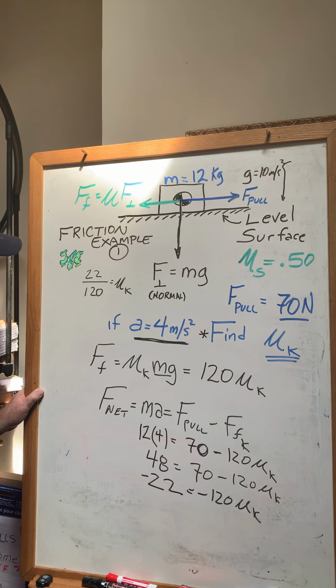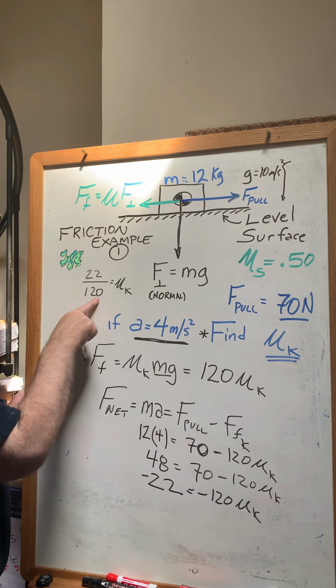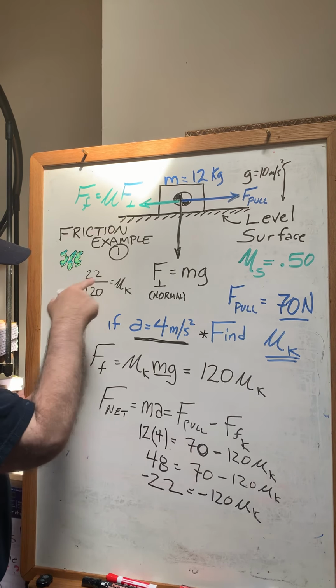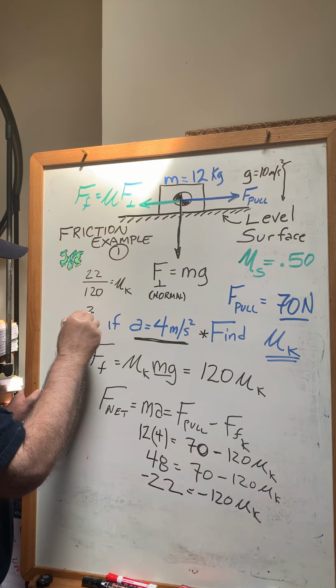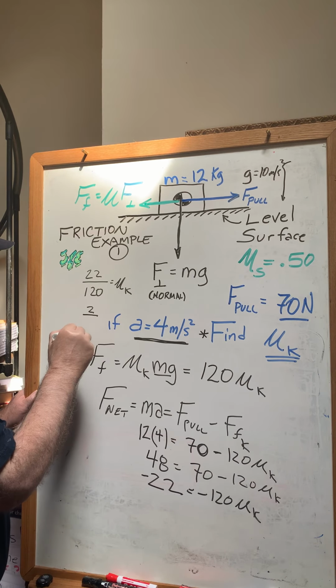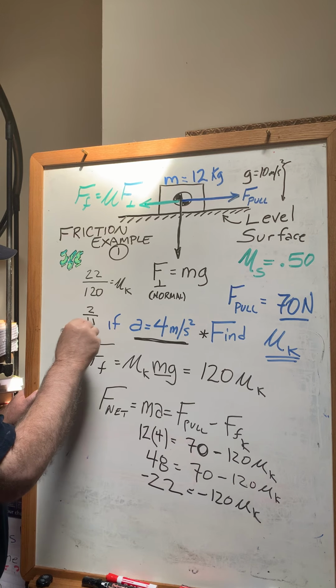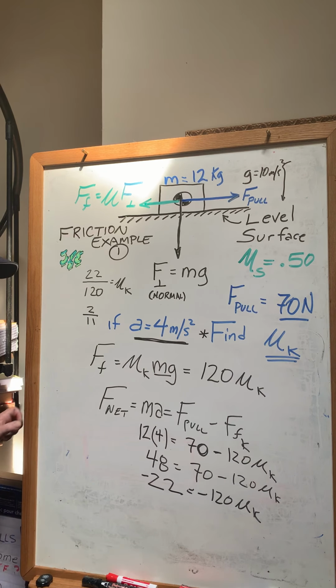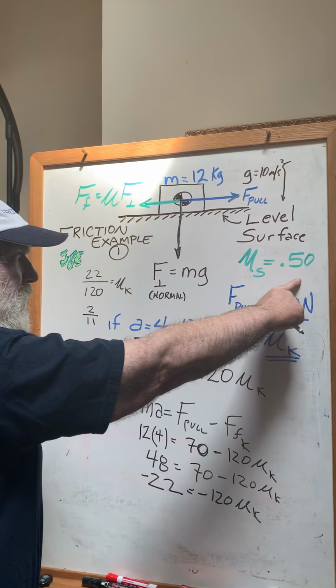And can we simplify that at all? Well, this is about 121. So dividing by 11, it's like 2 over 11, about 2/11. So it is certainly less than a half.